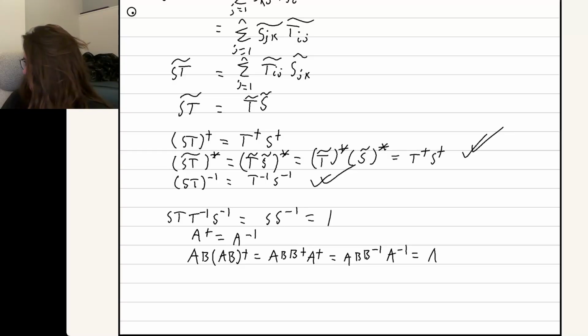And then B times B inverse is 1. And then A times A inverse is 1. So this does work. And so, yeah, (AB) dagger is equal to (AB) inverse.